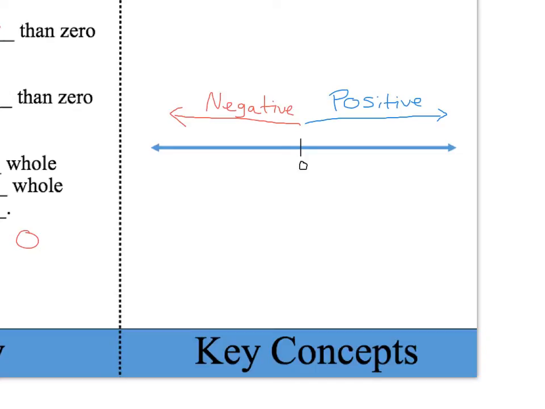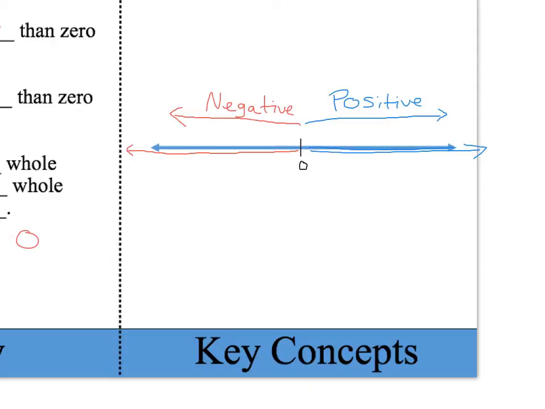So one thing I want you to take note of is, the farther you are away from 0 on the positive side, the larger your value is. If you look at the negative side, the farther away from 0 you are on the negative side, the smaller your value is. So the larger the negative number, the smaller it is.